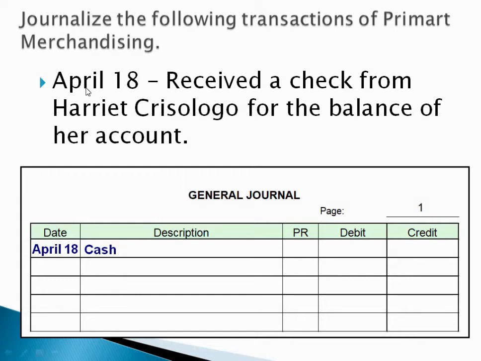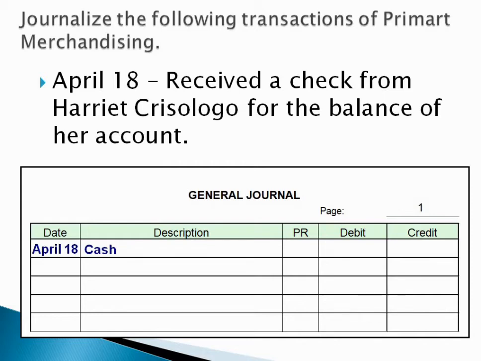Take note that this April 18 transaction was not Primark's first transaction with Harriet Crisologo. We have encountered the name Harriet Crisologo before, right? Harriet had made a purchase on account, resulting to an increase in Primark's accounts receivable.